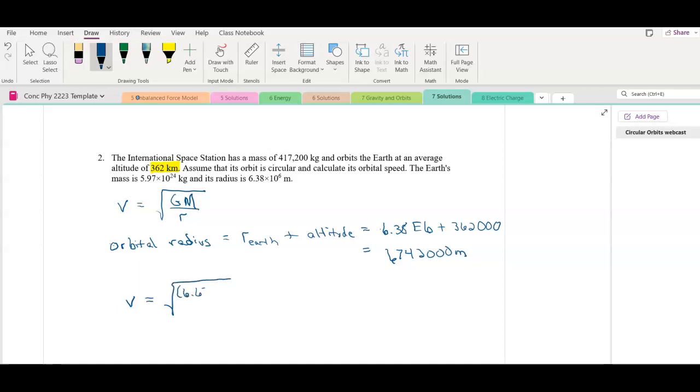Okay, now I'm ready, I think, to plug into this formula, because I know that the universal gravitational constant is 6.67 e to the negative 11th. Okay, I have to decide which mass to use. They gave me the mass of the space station and the mass of the Earth. Well, this is an uppercase M. I know that for this equation I need to plug in the bigger mass. It's the mass that's in the center of the orbit. And so here that would be the mass of the Earth.